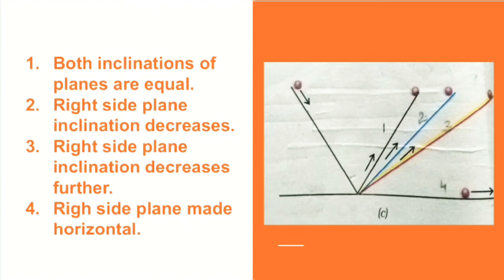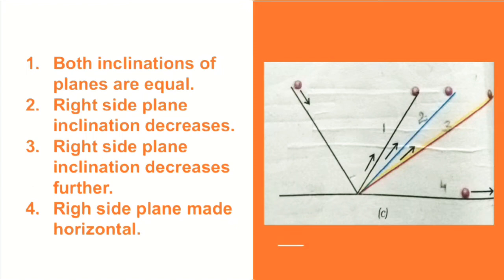Now, case 1 shows that if the inclinations of the planes on both sides are equal, then the marble will climb the same distance that it covered while rolling down. But if, as in cases 2 and 3, the angle of inclination of the right side plane were slowly decreased, then the marble would travel further distances till it reaches the original height.